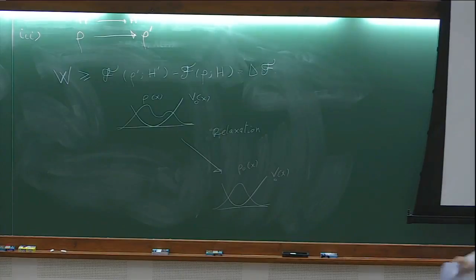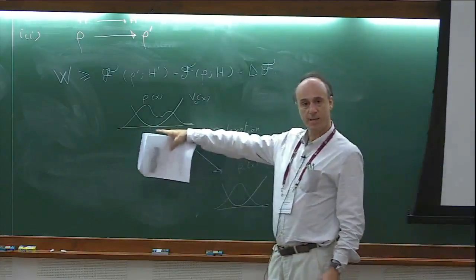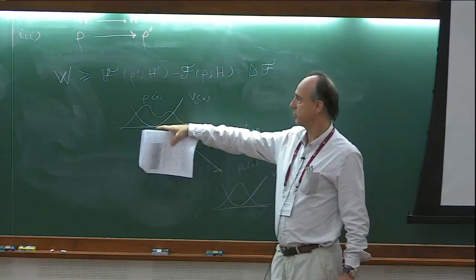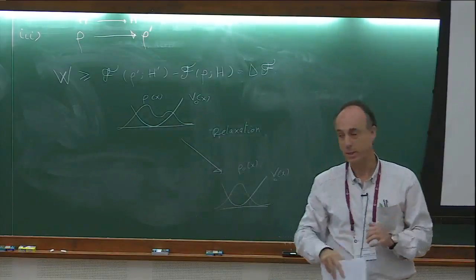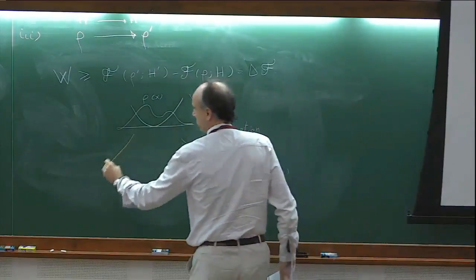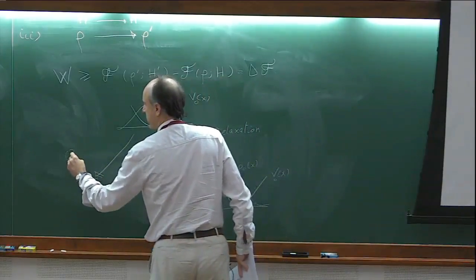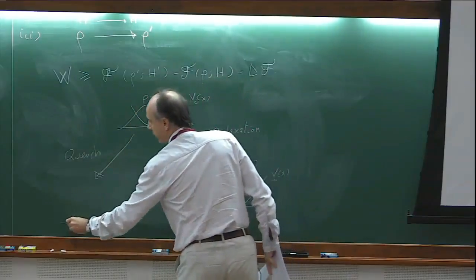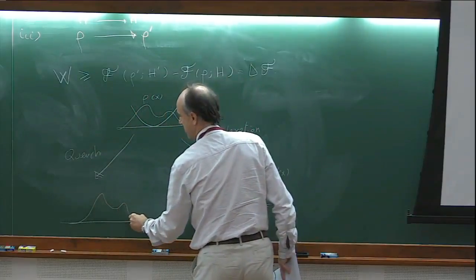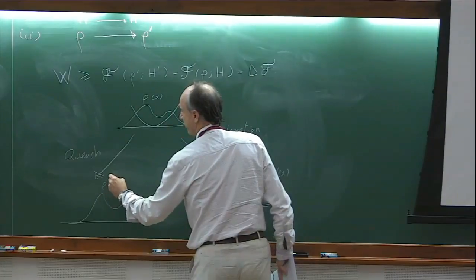If, instead of letting the system relax, you immediately, at time 0, change your potential in such a way that your system is in equilibrium, so you do a rapid quench of the potential, then rho doesn't change. This is my rho.